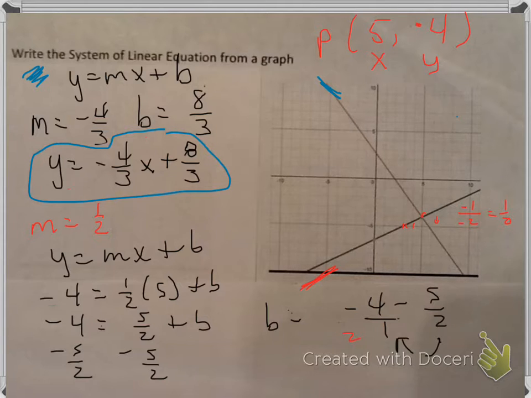So multiply 2 to that and 2 to that, and so it's going to equal -8/2. So this will change to -8/2. And a -8 and a -5 are going to make a -13/2.